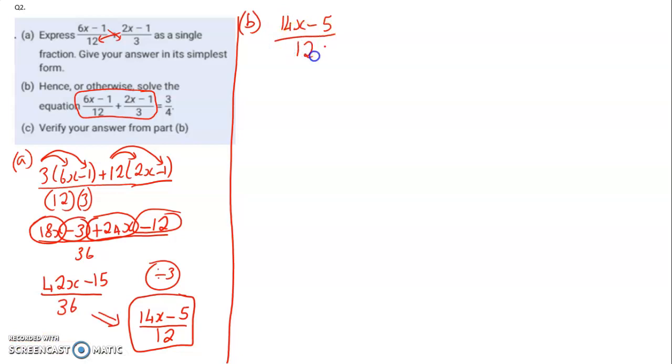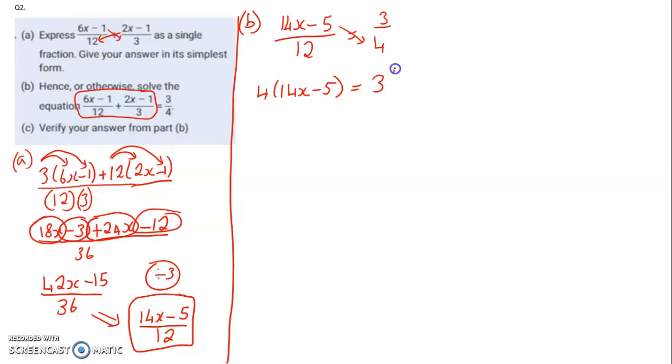So the answer we got from the previous part, and that's equal to 3/4. So now all we have to do is cross multiply, because we've one fraction equal to another. So 4 times 14x minus 5 is equal to 3 by 12. Because there's an equal sign in between, we simply cross multiply and we don't need denominators.